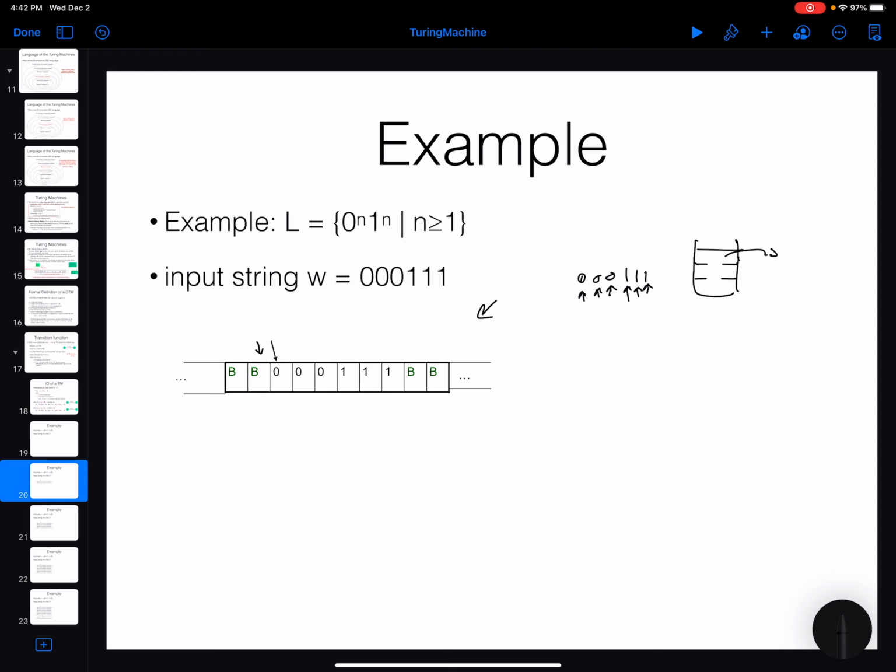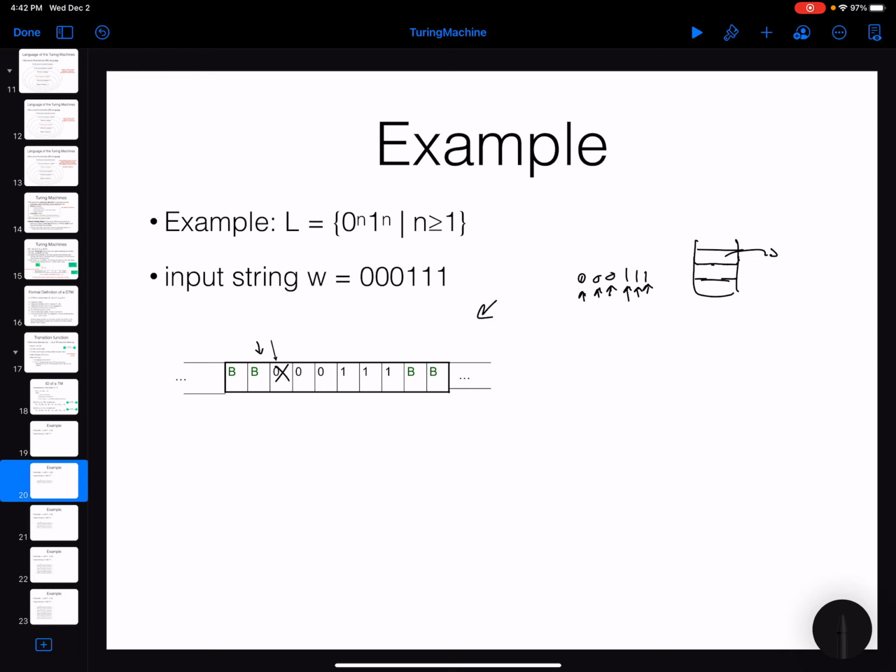One thing that I can do is basically the same concept as what we did using the stack. But instead of having the stack, I'm going to replace these zeros with an X, and then go forward, find a 1, and whenever I find a 1, I will also mark that one.